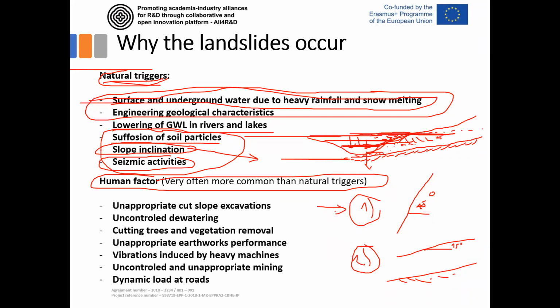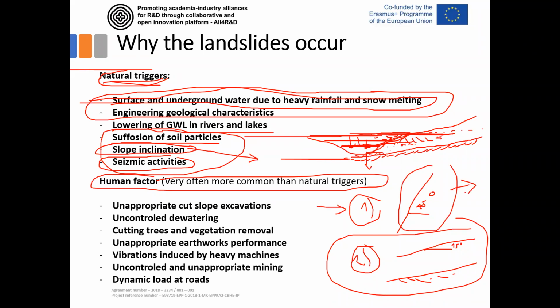Most landslide related problems occurred at relatively low angle slopes that range from 10 to 20 degrees, not on very steep slopes. Because when you have a naturally steep slope, it is usually rock-like material, a rock mass that is naturally formed in a very steep slope.